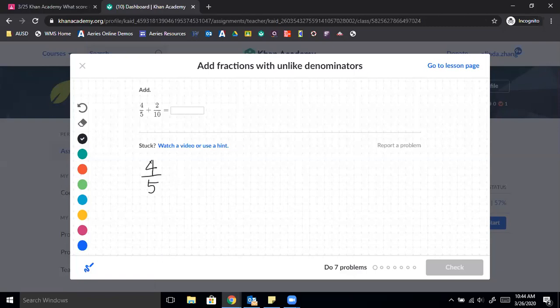Okay, so 4/5 plus 2/10. We gotta make them the same denominator because we cannot add numerators that don't have the same denominators. So I'm gonna multiply by 2/2, because I know 2 times 5 is 10. Ooh, writing with this is so difficult.